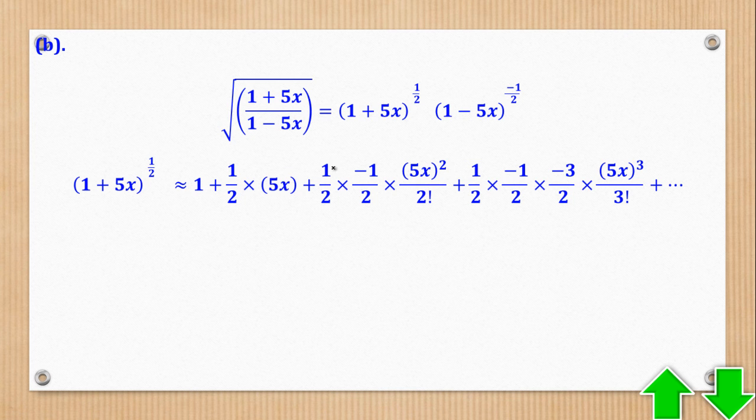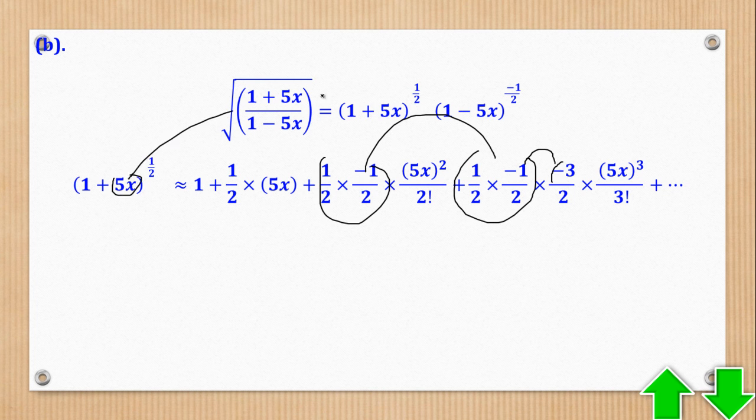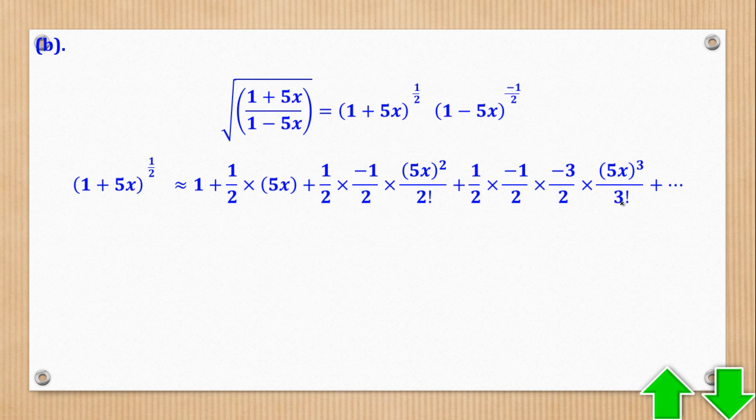Then next, still write this here, and then add on, multiply by this value minus 1 to give you this. Then from there we say multiply by this cubed over 3. So those are the terms they wanted: first term, second term, third term, fourth term.